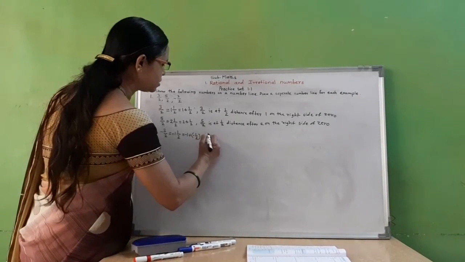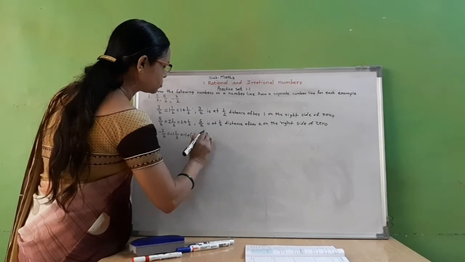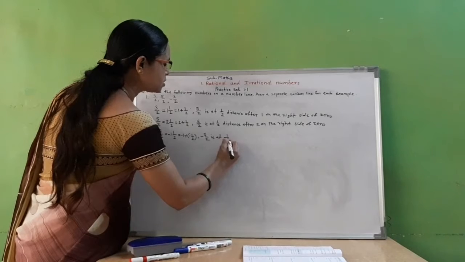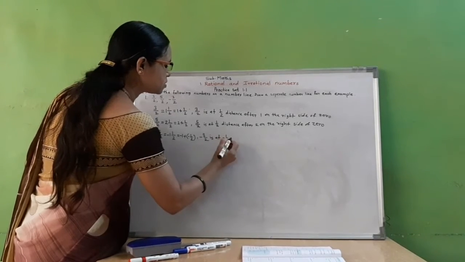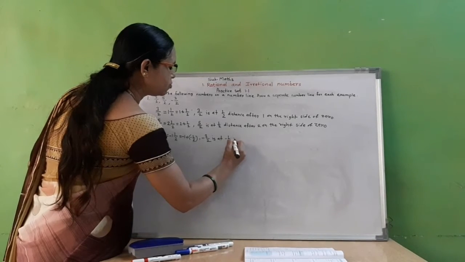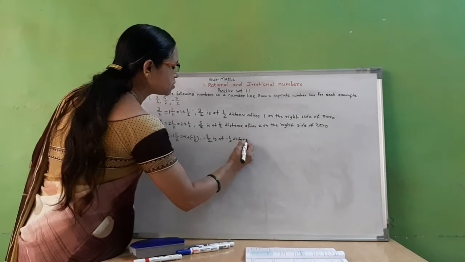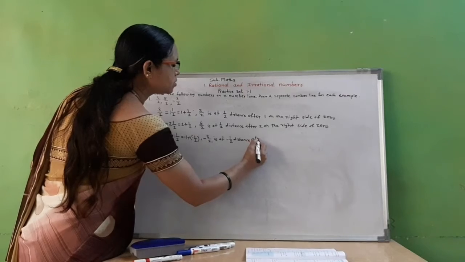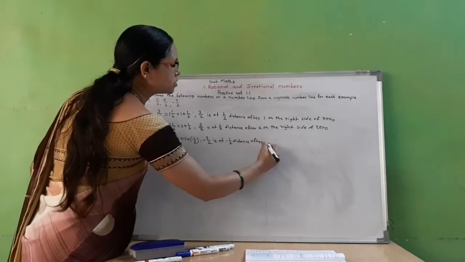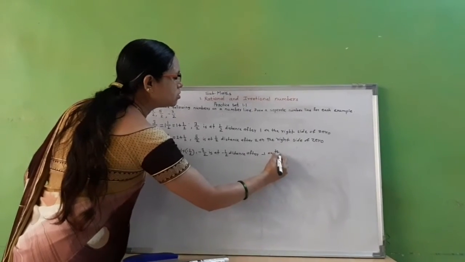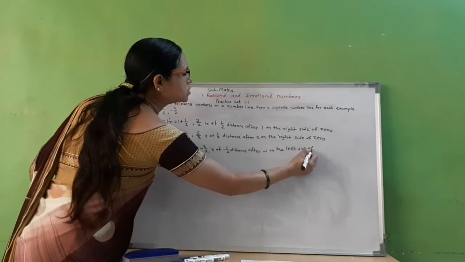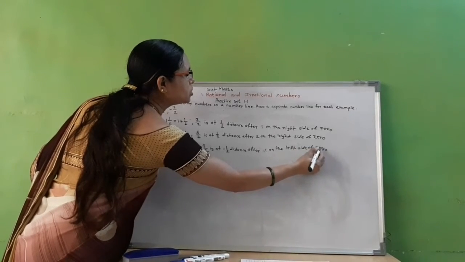Here minus 3 by 2 is at minus half distance after minus 1 on the left side of 0.